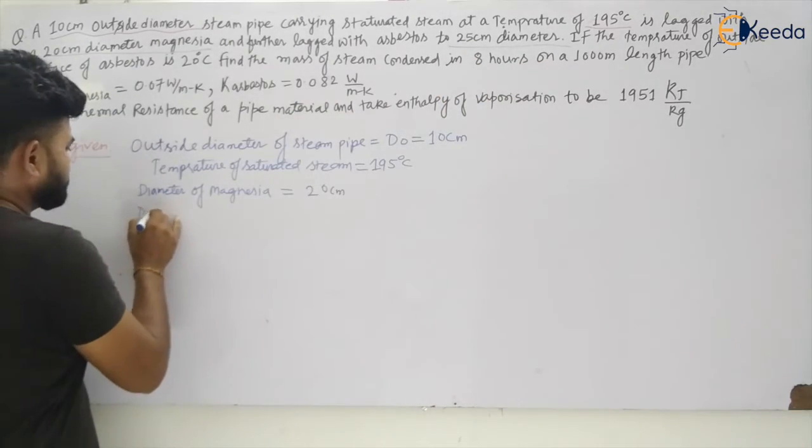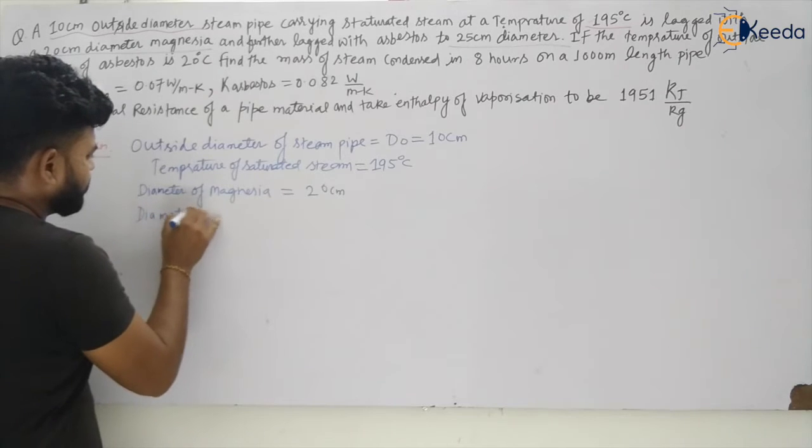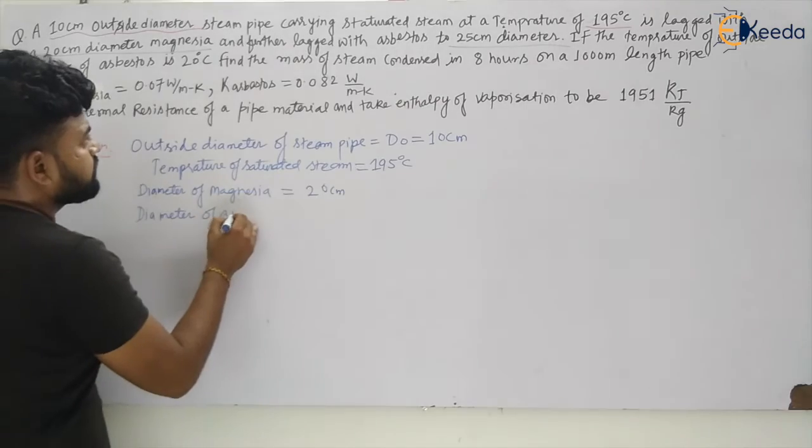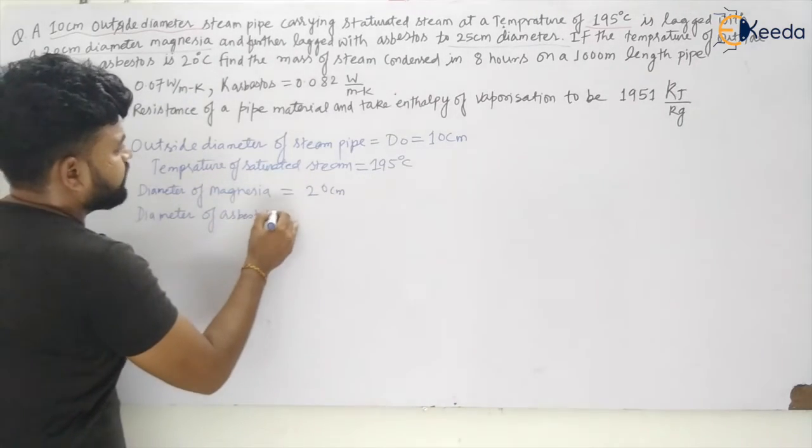So the diameter of asbestos is how much?